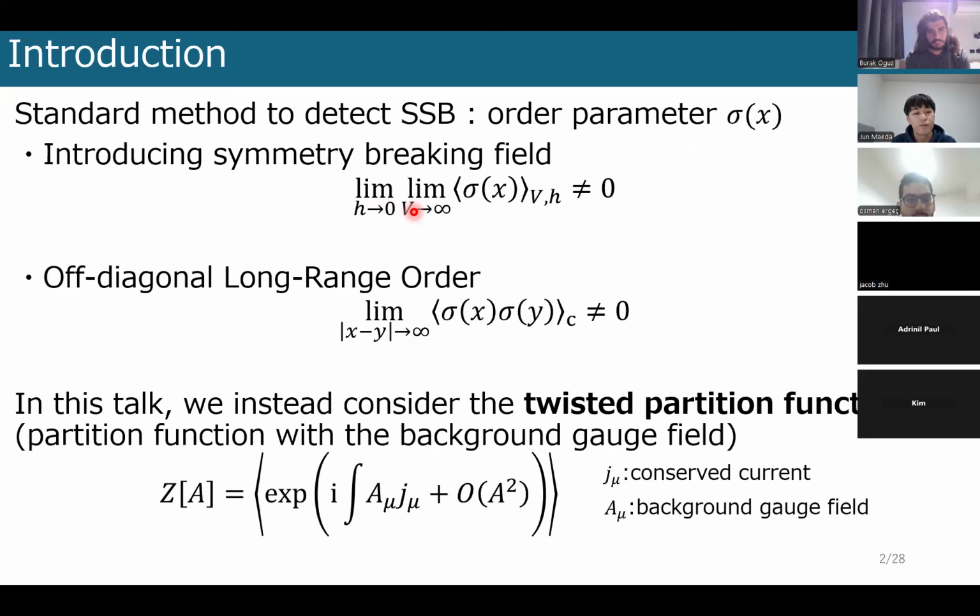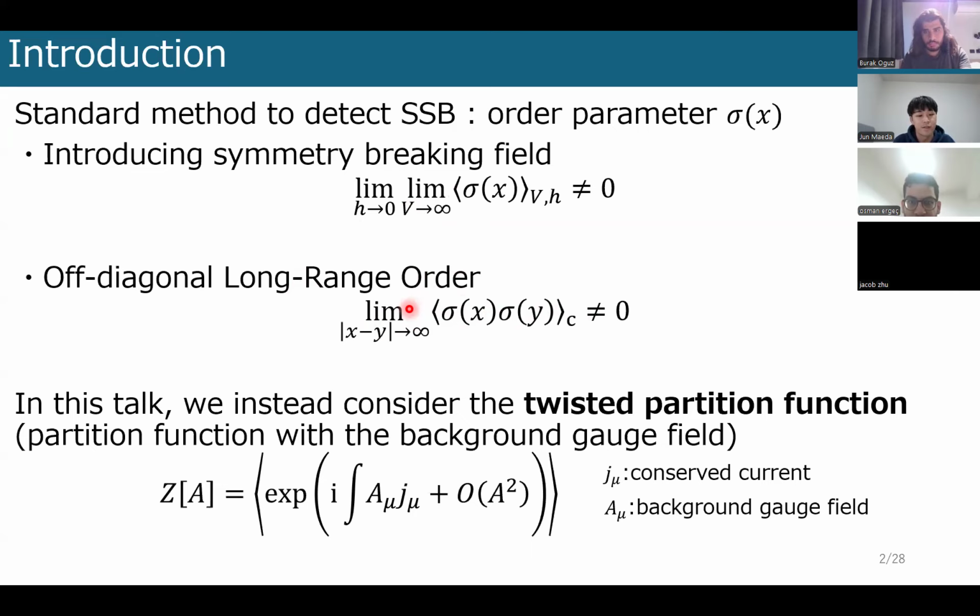Or if you do not want to introduce a symmetry breaking field, you can use the method of diagonal long-range order. In this method, we evaluate the connected two-point function of the order parameter, and we take the large distance limit. And in this method, if this value is non-zero, then we find the system is in the SSB phase. So these methods are standard methods to detect the SSB phase.